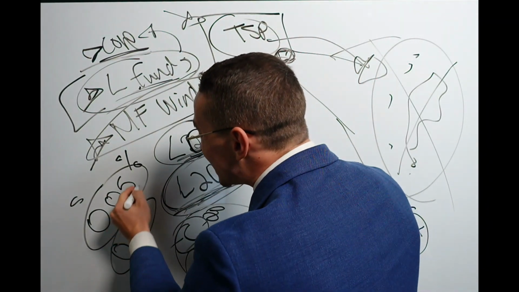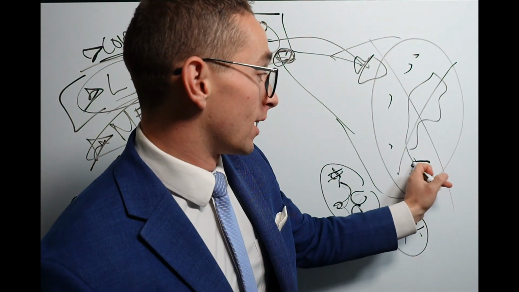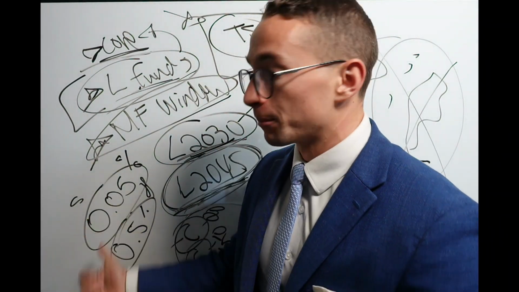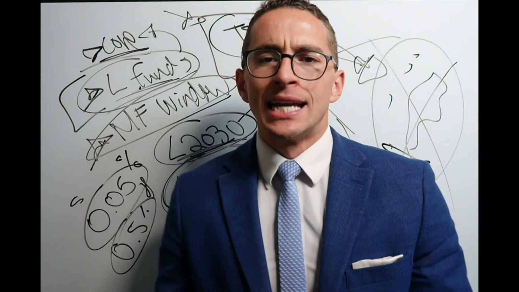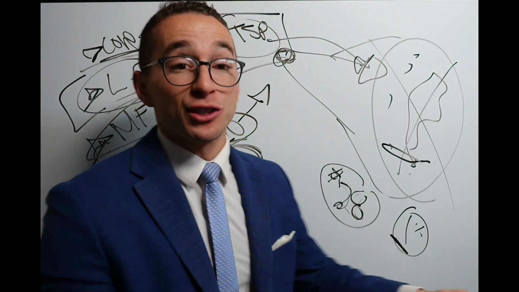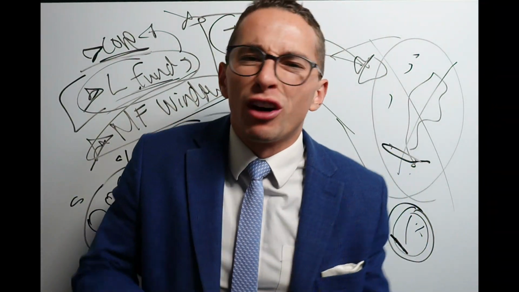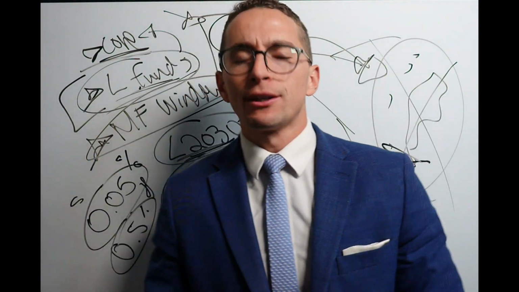You're paying 10 times to be in a mutual fund window fund compared to, let's say, something in the core TSP. Now, the reason we don't know exactly what the fee is, is because there's thousands of mutual fund options. The exact fee you would pay depends on which fund you're in. They all are a little different.